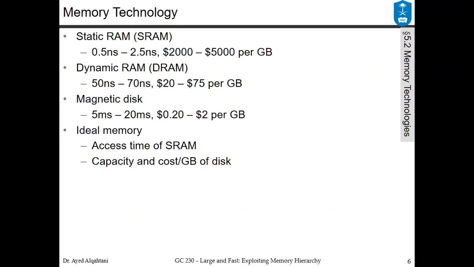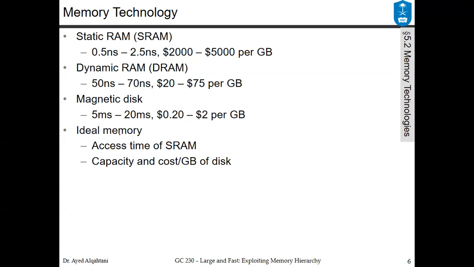The dynamic RAM, or the DRAM, the access time is from 15 nanosecond to 70 nanosecond, and it costs $20 to $75 per gigabyte. While the magnetic disk, the access time is very slow, 5 millisecond to 20 millisecond, and it's very cheap. It costs between $0.2 to $2 per gigabyte.